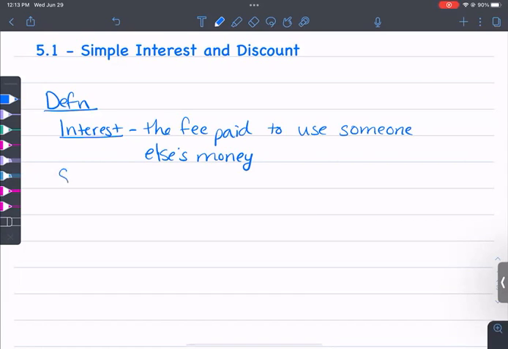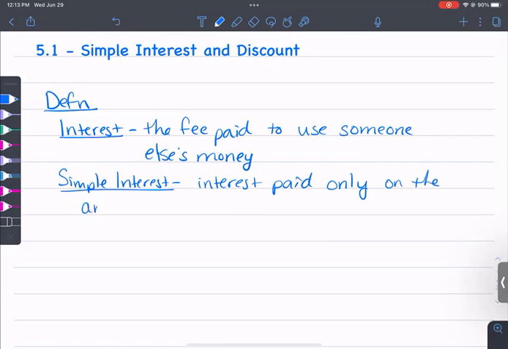There are several types of interest. Simple interest is one of them. This is interest paid only on the amount borrowed or invested, and not on the past interest.